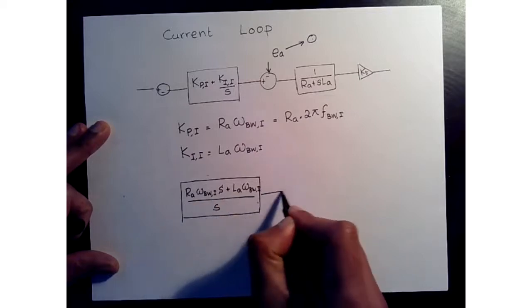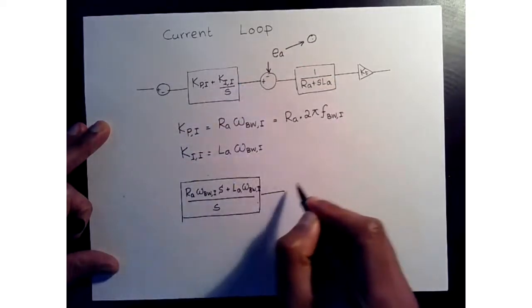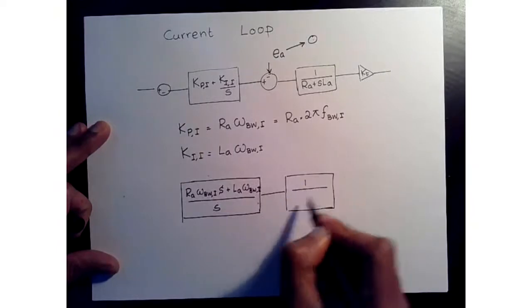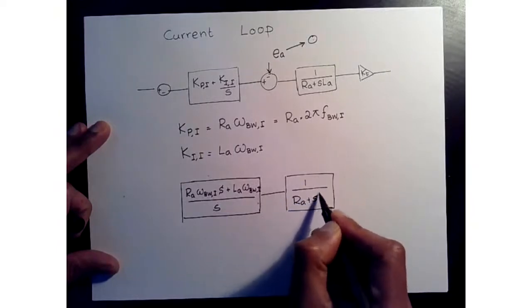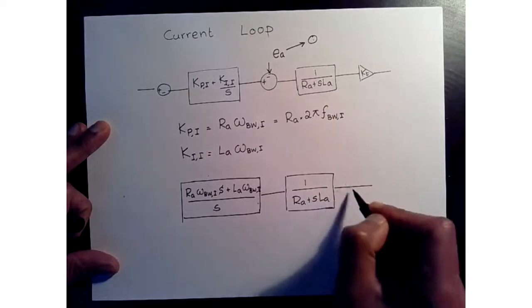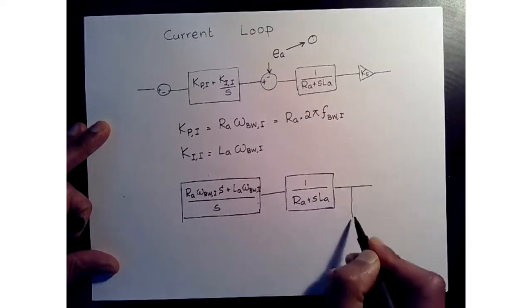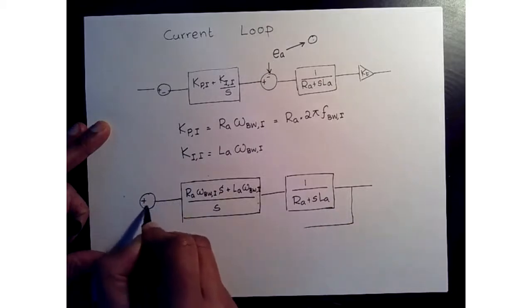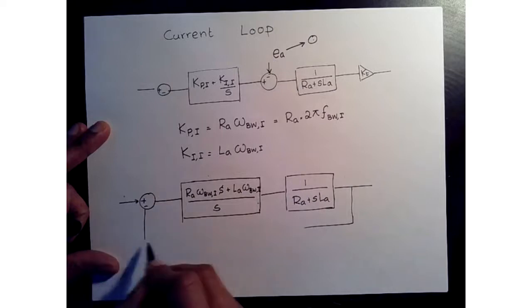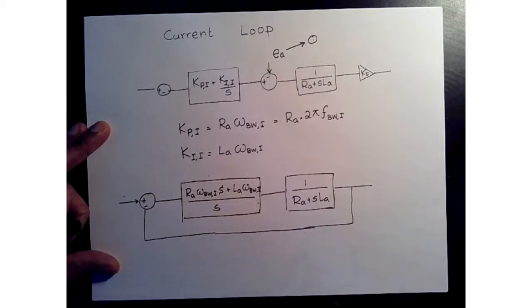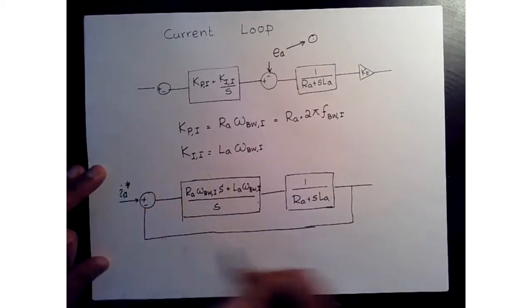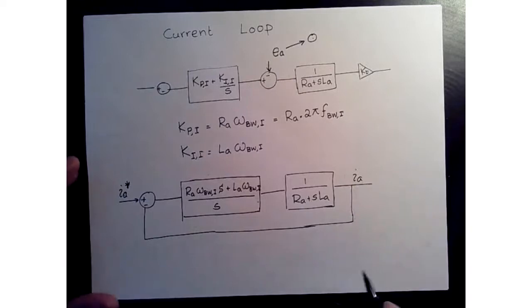Very nice. And then this went to 0, so we don't need the summation anymore. And then we have 1 over RA plus S LA. And since we are only taking a current measurement, we don't need to worry about our KT. So that's what we have, right? This is our IA star. This is our IA.